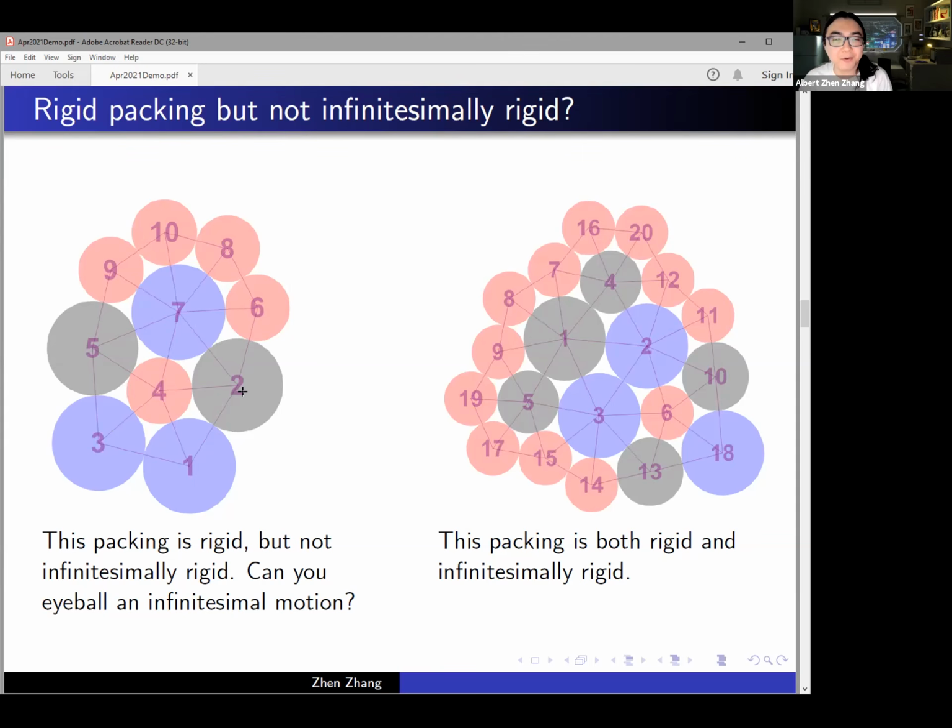But the infinitesimal motion is actually very easy. If you just assign the growth factor 1 to disk 2 and -1 to disk 5, that's actually an infinitesimal motion. This infinitesimal motion can keep all other disks constant. This packing on the right is both rigid and infinitesimally rigid.